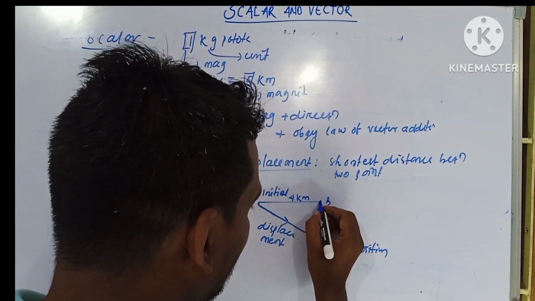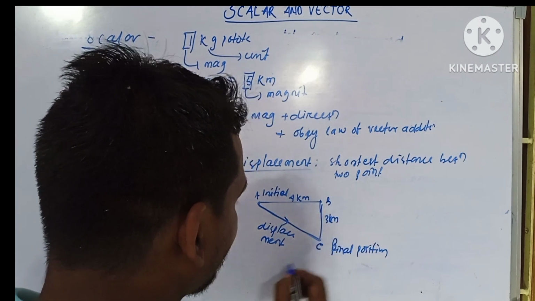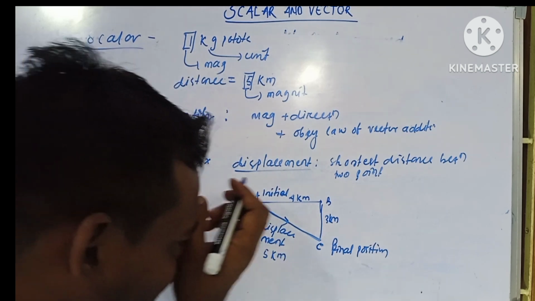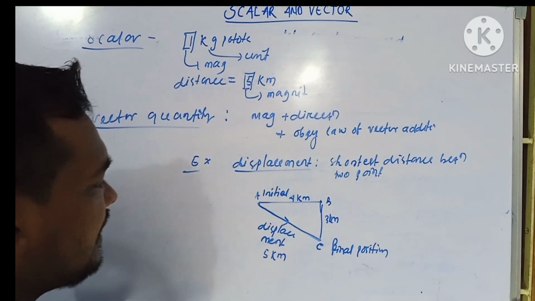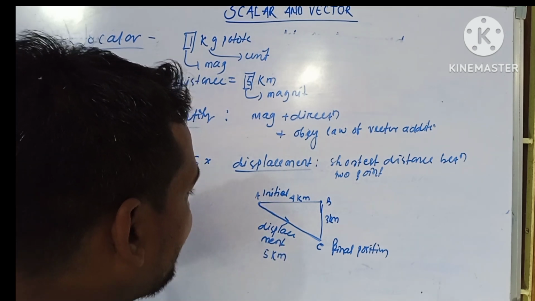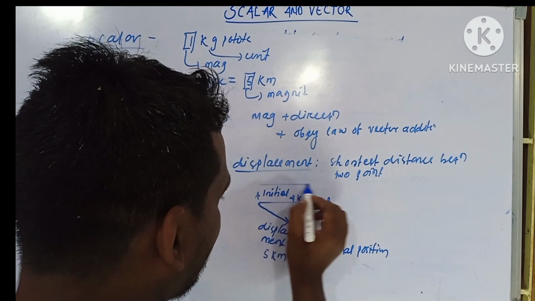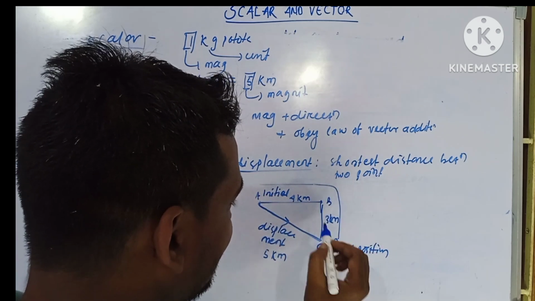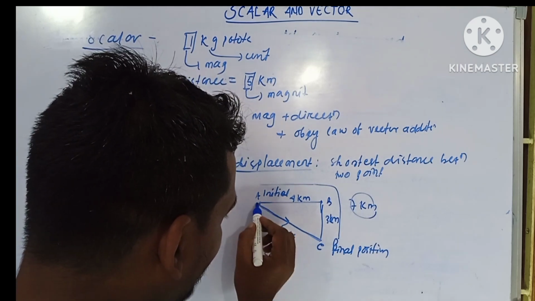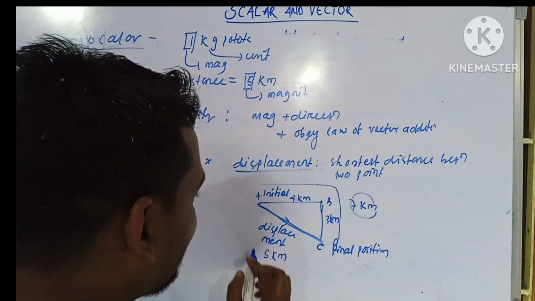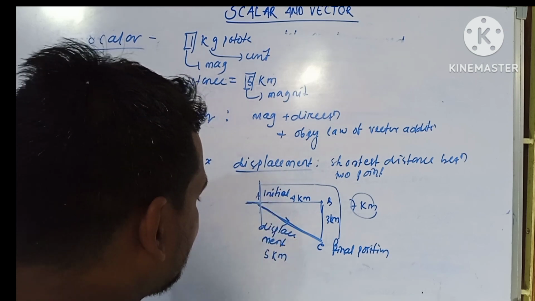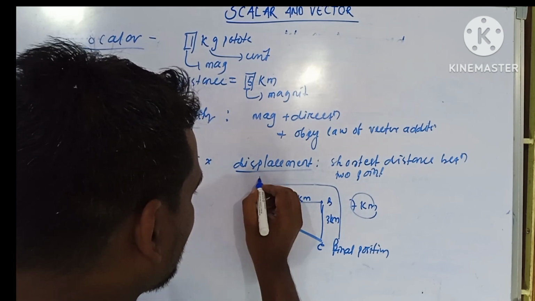Suppose this is 4 kilometer and this is 3 kilometer. Then how can you move from A to C with minimum distance? If we go here, it is 4 kilometer, then again 3, that means 7 kilometer. But if we go from A to C in this direction, we reach by the shortest distance.